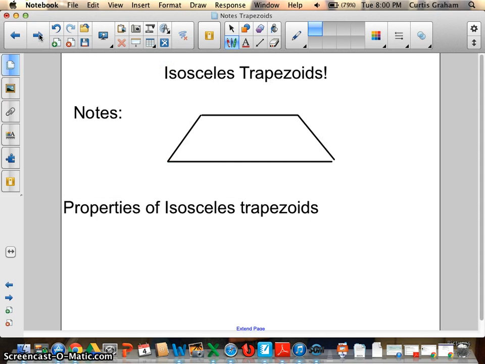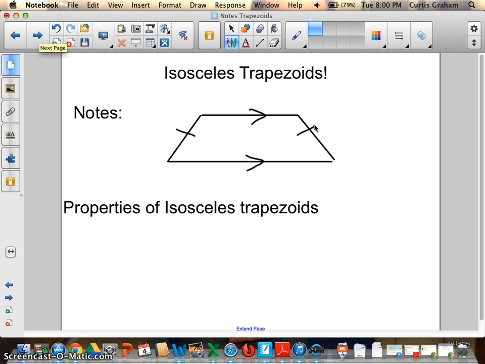We do have a special kind of trapezoid called an isosceles trapezoid. This one does have quite a few different properties to it. Again, it's a trapezoid, so it has one set of parallel lines. But with being an isosceles trapezoid, the sides, the legs, are congruent.